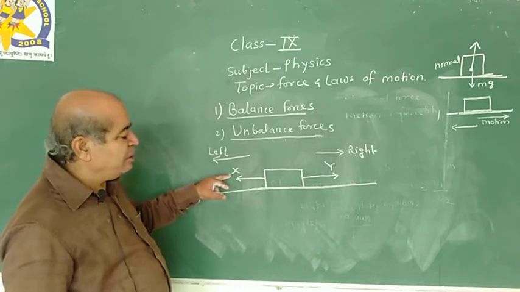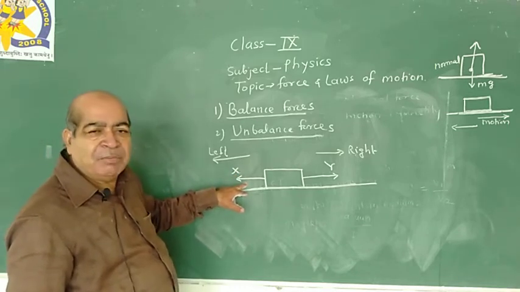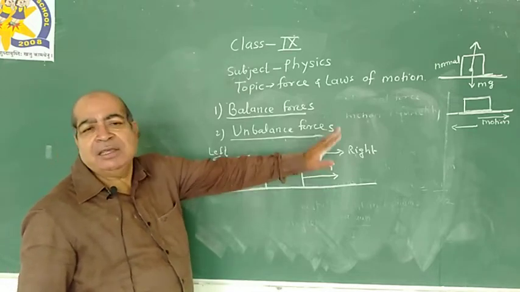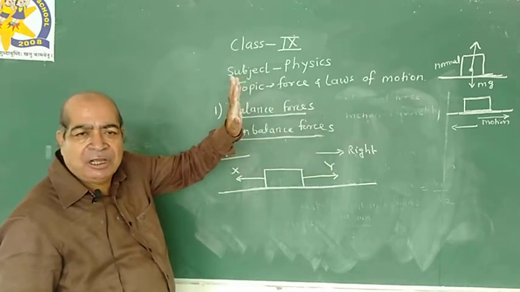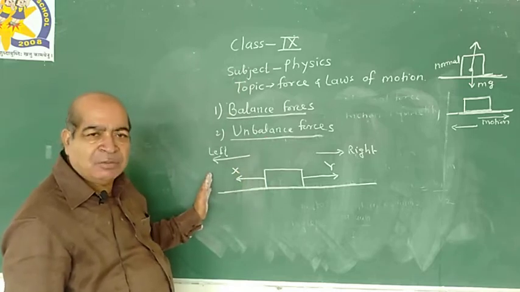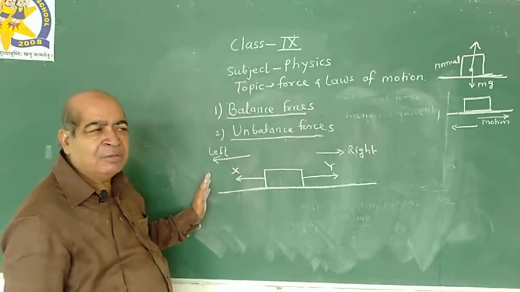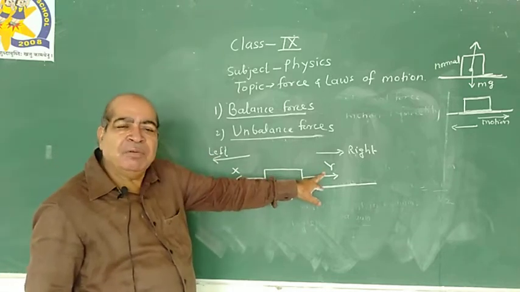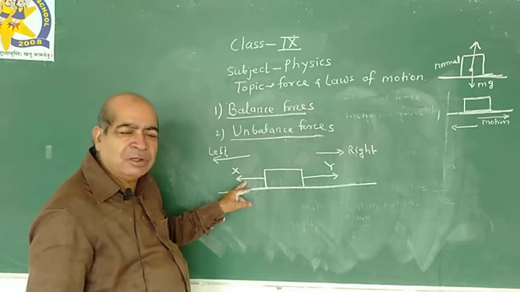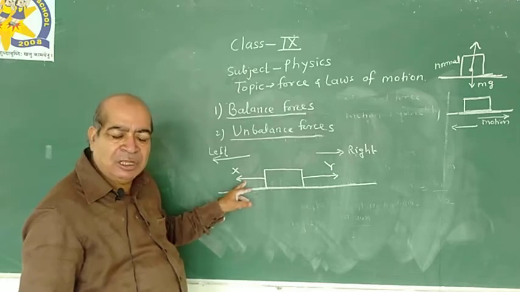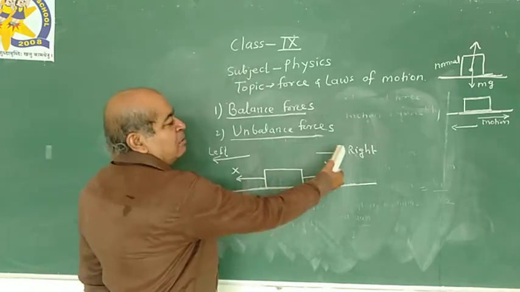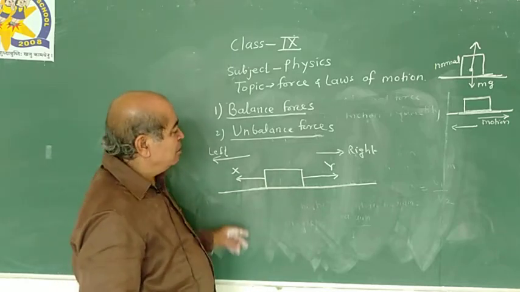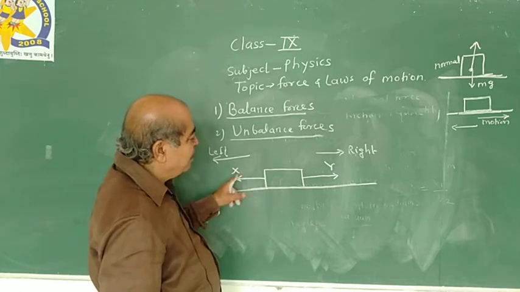When only force X is applied to the object and the force Y is not applied, then the object moves towards the left. When only the force Y is applied and no force X is applied, then the object moves towards the right.